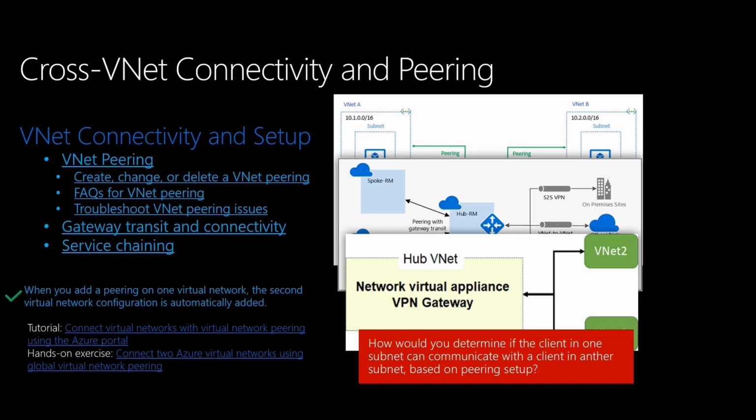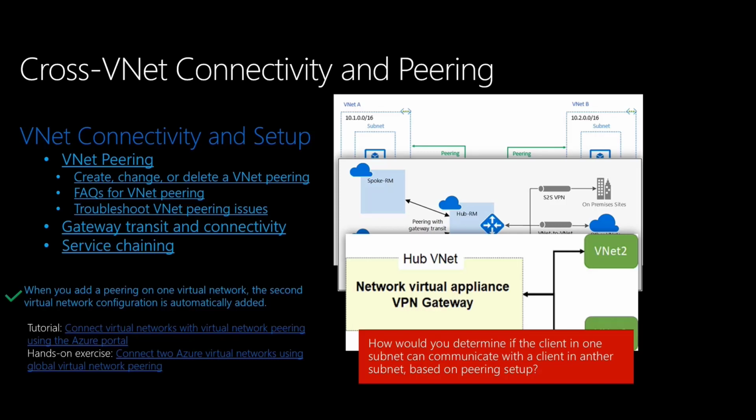So gateway transit is a peering property that lets one virtual network use the VPN gateway in a peered virtual network to get to another Azure virtual network or to get to an on-premises network. The diagram that you're looking at here shows how gateway transit works with virtual network peering.